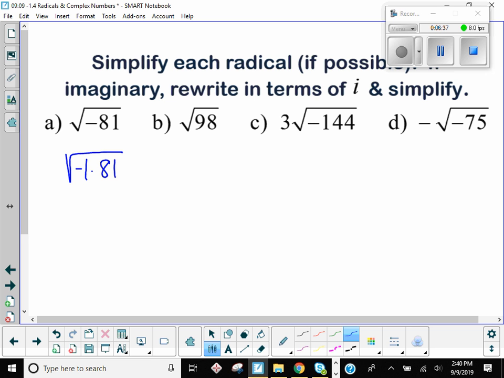So it comes out as i. And what's the square root of 81? When you pull things out of the radical, they get put back together by what operation? Multiplied. So that's going to be 9i. And then what's left under the radical? Nothing. So the radical goes away. If you've got nothing left, don't force the radical there. It's okay that it sometimes just completely goes away.